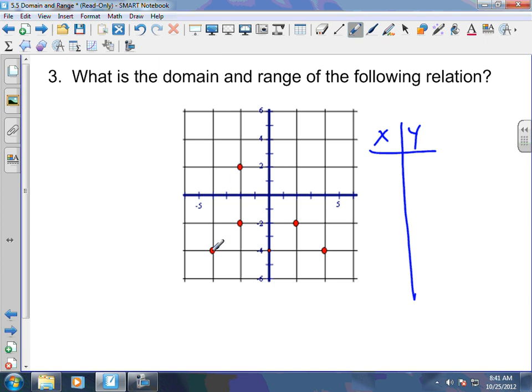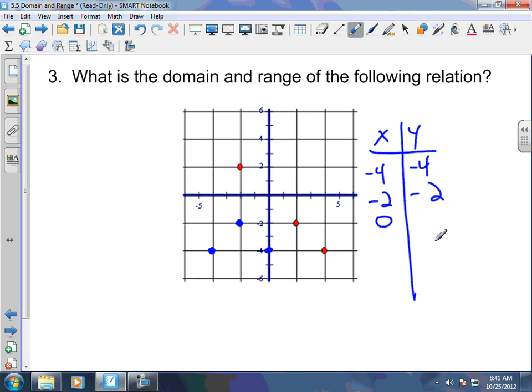So I come to this point right here. That point is at -4 on the X and -4 on the Y, right? So then I go to this point: -2 on the X, -2 on the Y. I'm not sure if this is supposed to be a point, but I'm going to make it one.